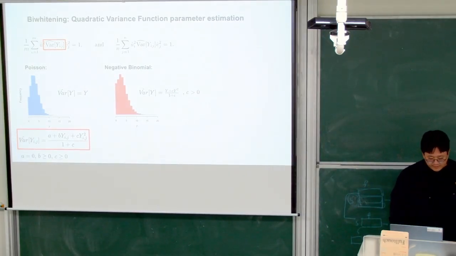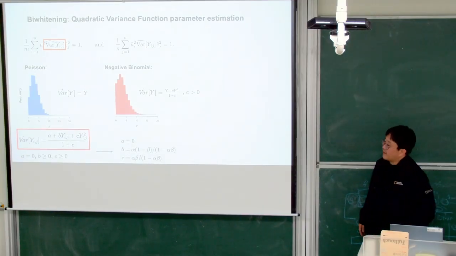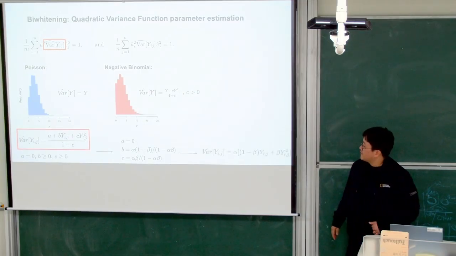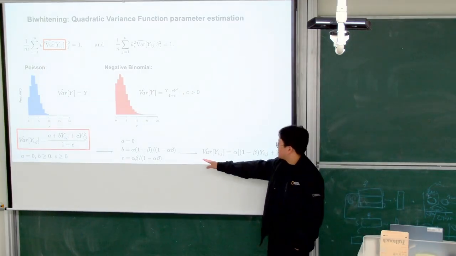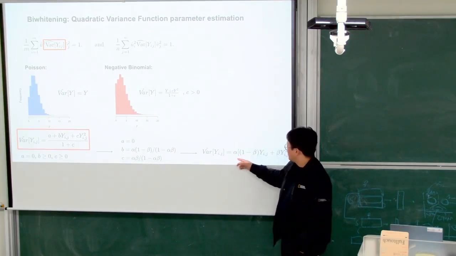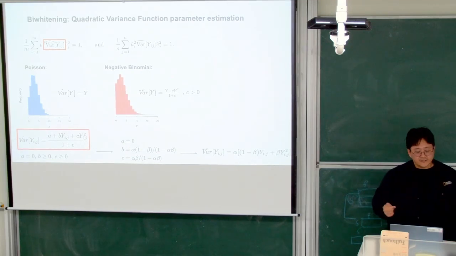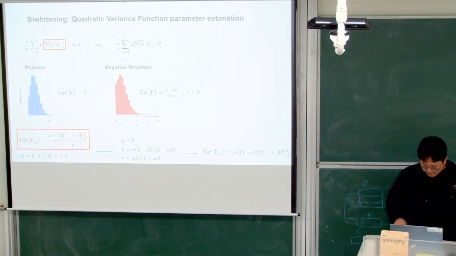And they convert A, B, C to alpha and beta, and then we can rewrite this variance estimator using alpha and beta, like this. Okay, we have this variance estimator.